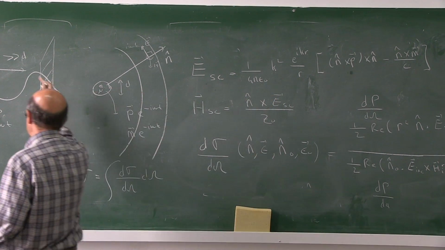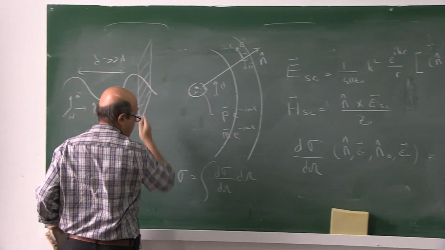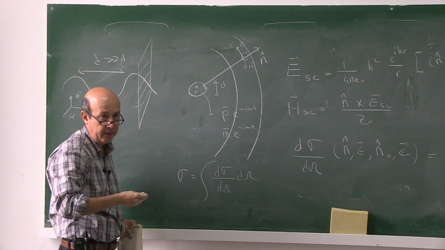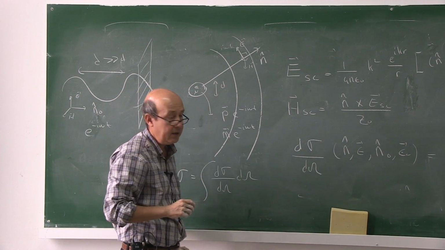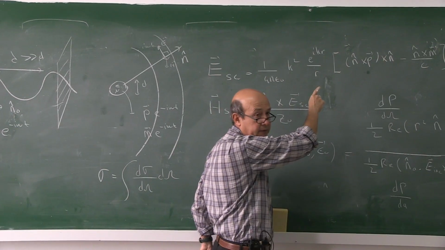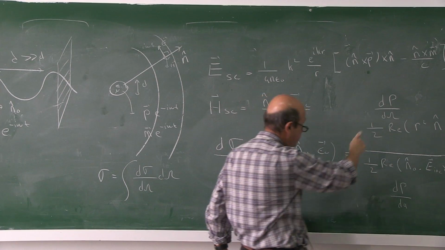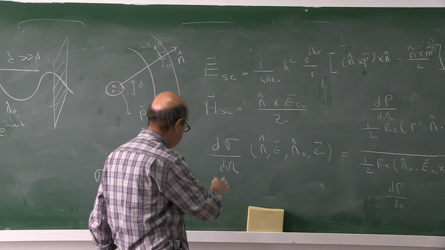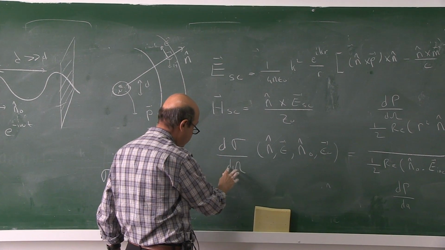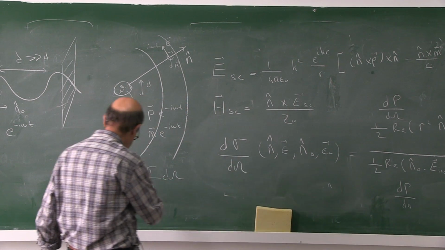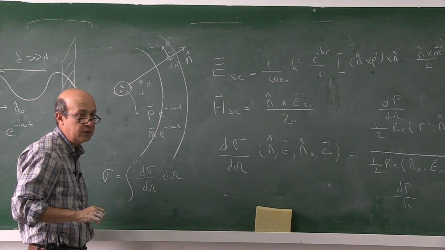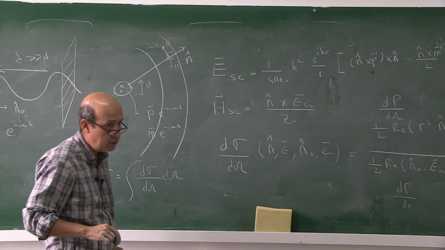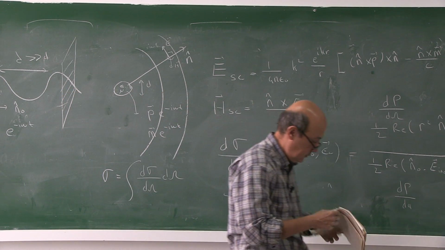Incoming waves are what? Plane waves. They have power per area. And scattered waves are what? Spherical waves. They have the distribution power per solid angle. And that ratio is related with the scattering cross section per solid angle. And if you integrate this through all solid angles, you will get the total scattering cross section.